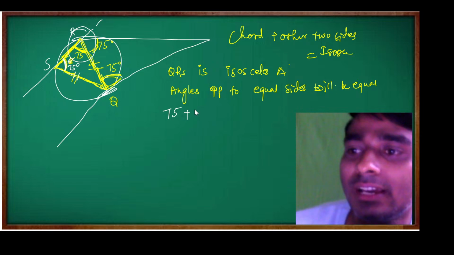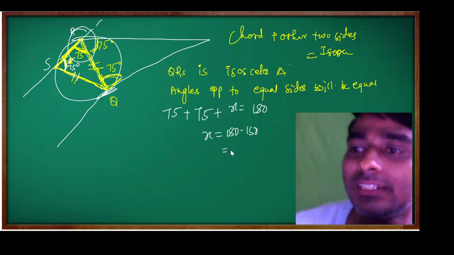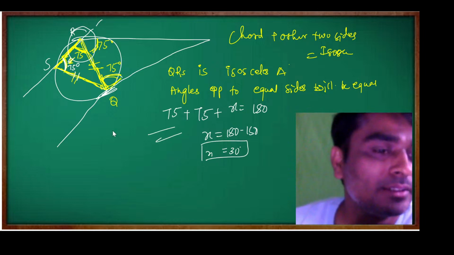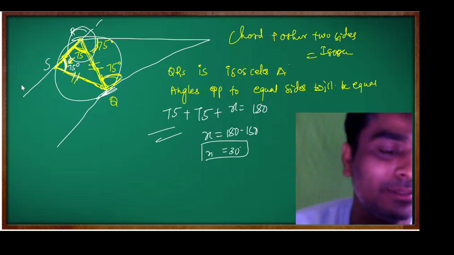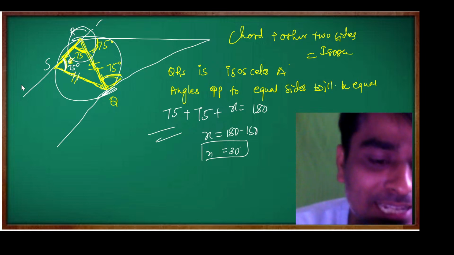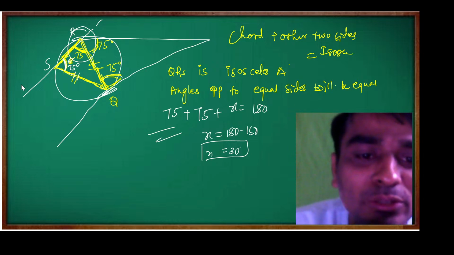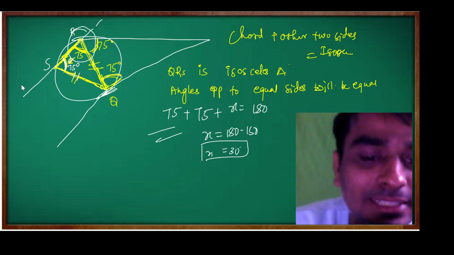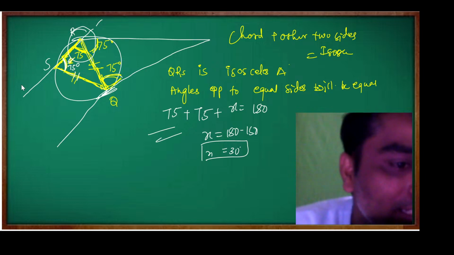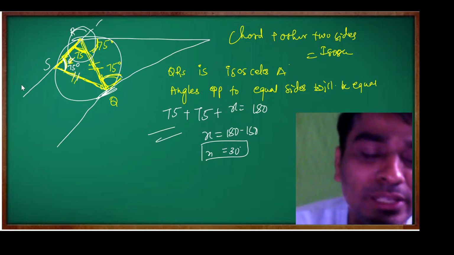Therefore 75, 75, third angle is x equal to 180 minus 150, which is 30 degree. Correct? Hope your doubt is clear now. That is isosceles triangle, remember. Because of that only you were missing.